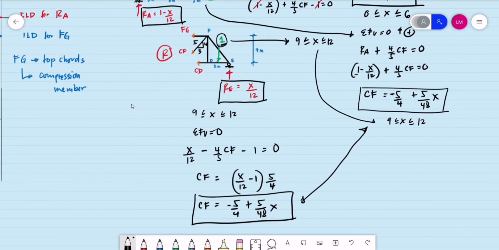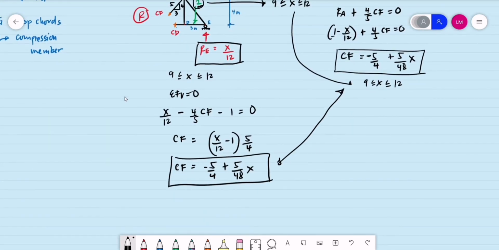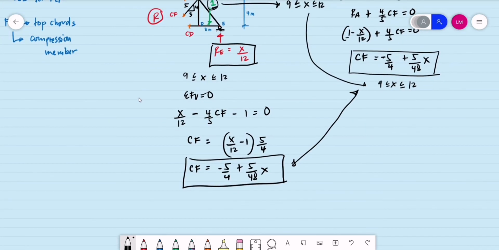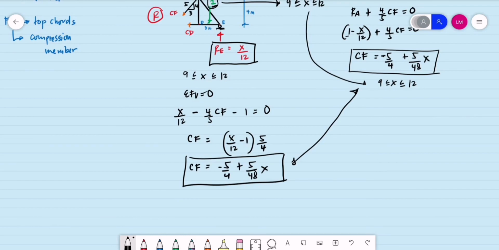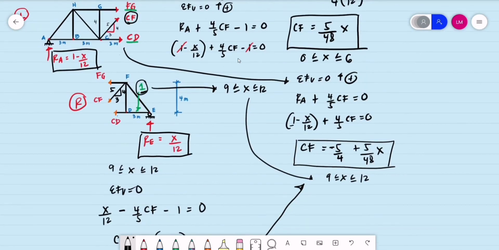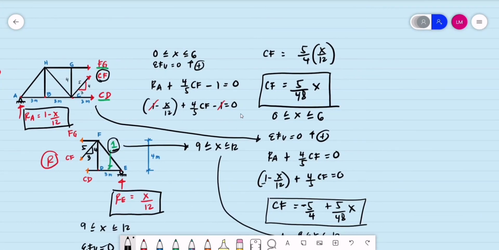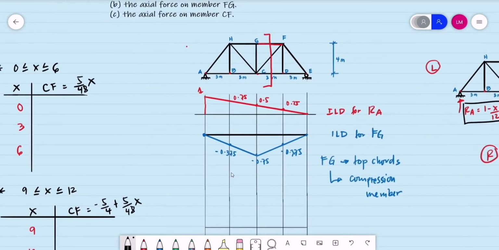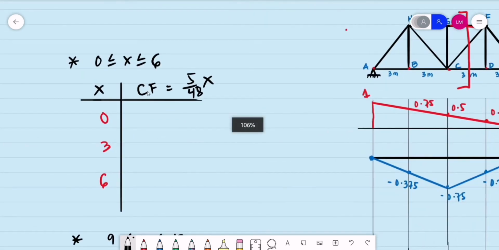So let's have the ordinates of the ILD for the axial force for member CF. So this is for the interval 0 to 6. CF is equal to 5 over 48 of x, for the interval 0 to 6.